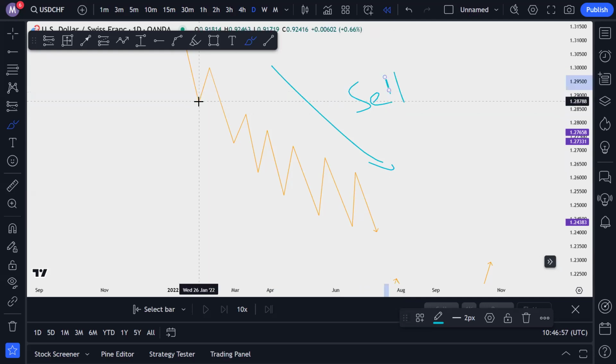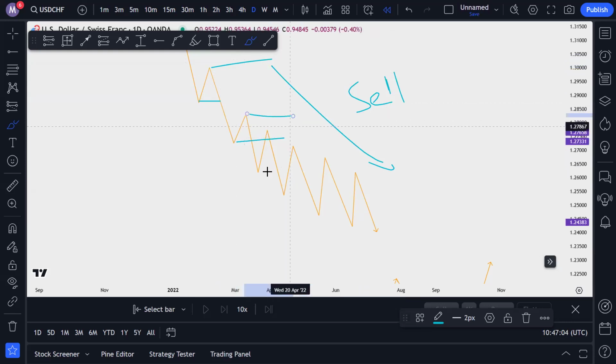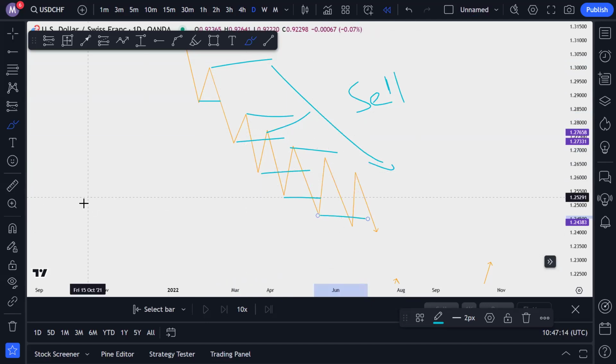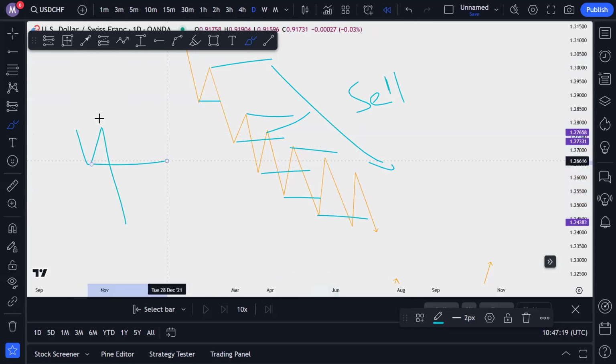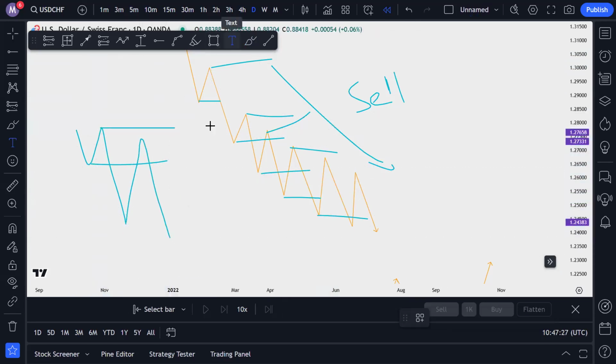Whenever price forms a break on market structure, these are the areas of liquidity that are left. So price needs to come and retest those areas before it continues to move down, meaning that whenever price comes and tests this area, it forms what we call the bearish differential.